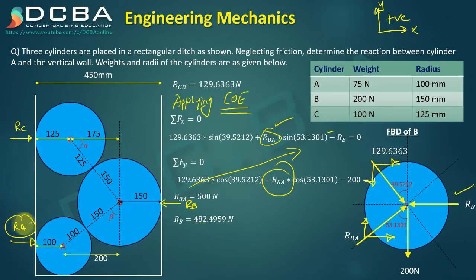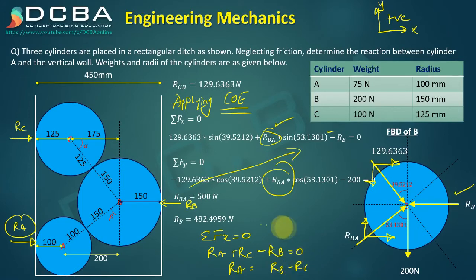So your RA can be directly found out using summation Fx equals to 0 on the entire system, that is RA plus RC minus RB is equal to 0. So RA would be RB minus RC.